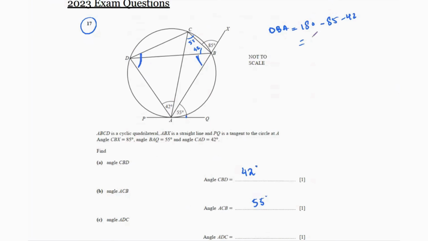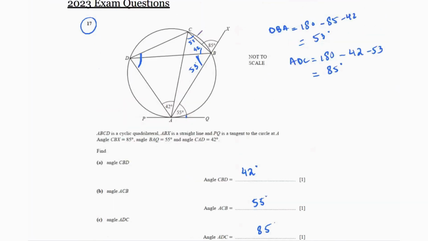That gives us 53 because angles in a straight line add up to 180. So since ABCD is a cyclic quadrilateral, opposite angles add up to 180. So ADC is going to be 180 minus 42 minus 53. That equals 85 degrees. That's angle ADC.